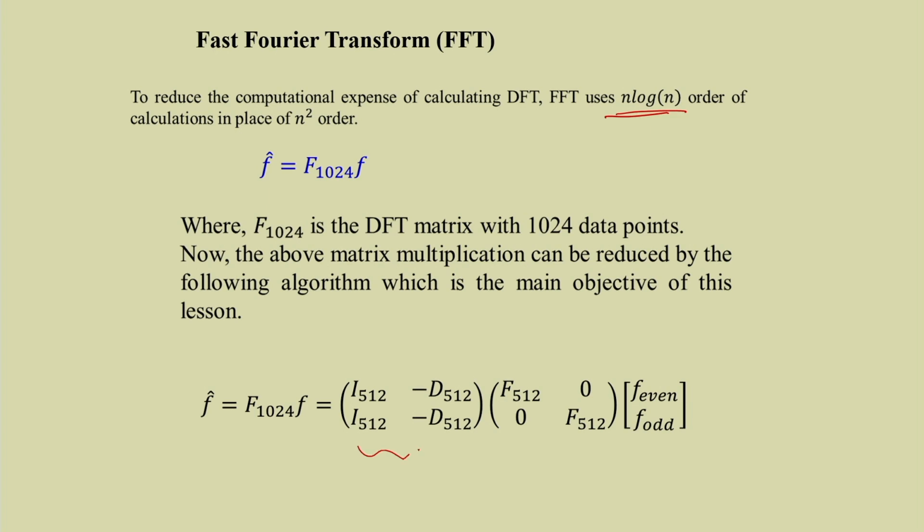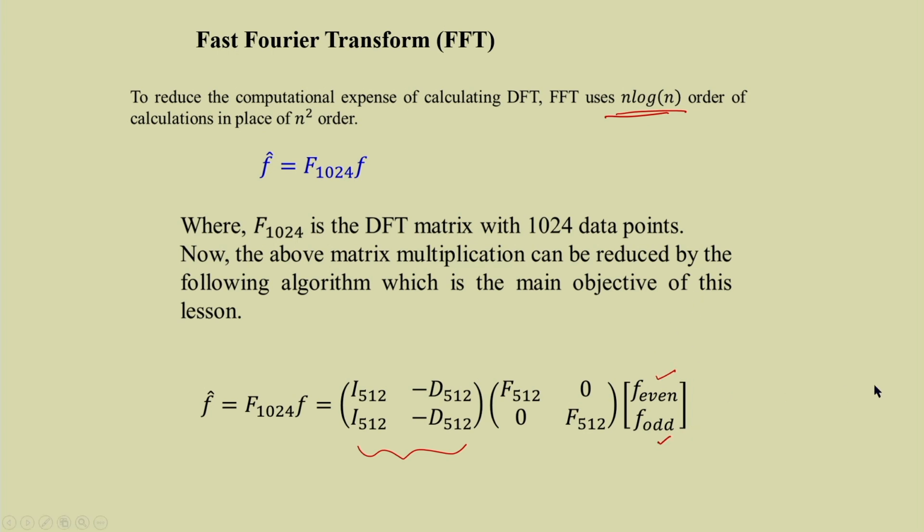So, we have this identity matrix, that is I 512, D 512, I 512, minus D 512 into F 512 and 0, 0, F 512. So, this is F even and F odd.